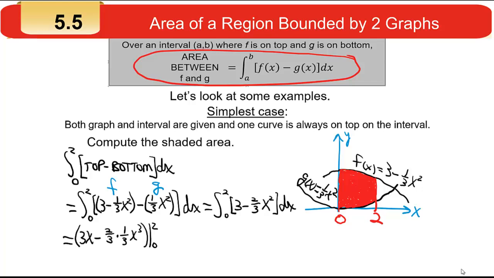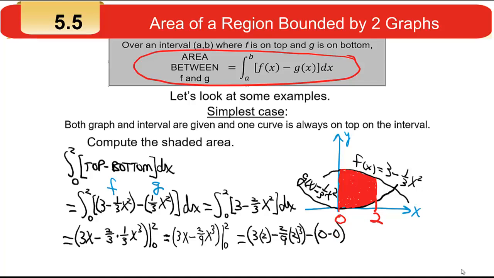That's an easy one to do. The integral of 3 is 3x. Then you've got the 2/3 times x squared. The integral of x squared is x cubed multiplied by 1/3. And of course the 2/3 has to be multiplied in there as well. And 2/3 times 1/3 is 2/9. And we want to evaluate that from 0 to 2.